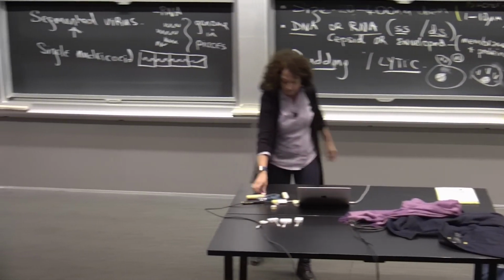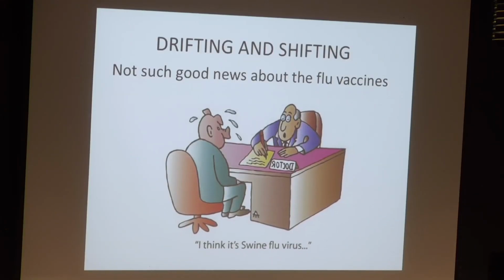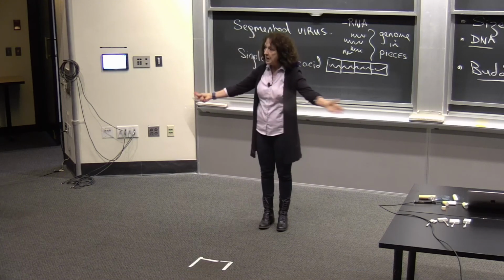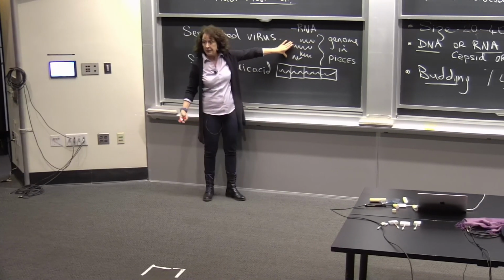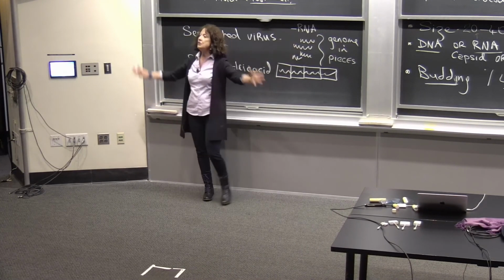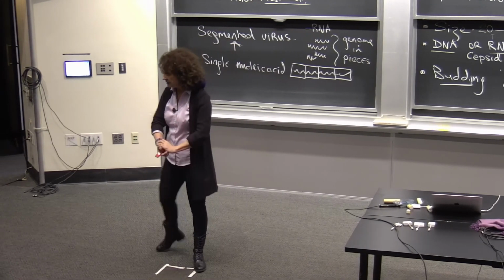But the problem with the influenza virus is that there can be not just drift, like small mutations happening a little bit at a time. But there can be recombination of the genes, because they are segmented, into totally new virus particles that have different properties.